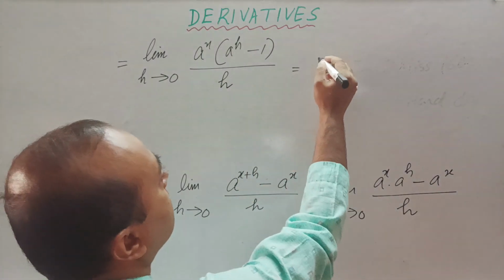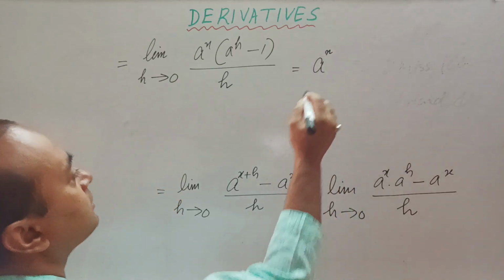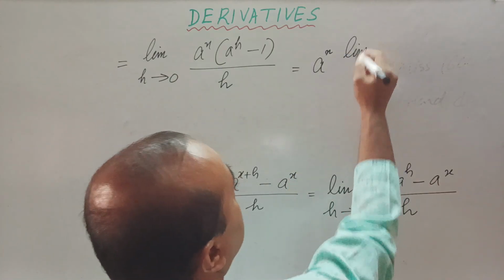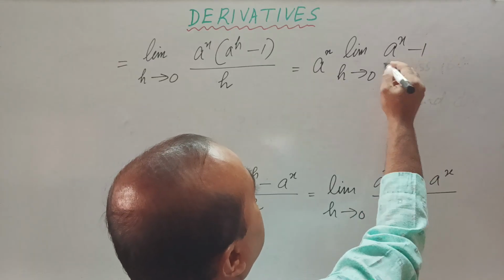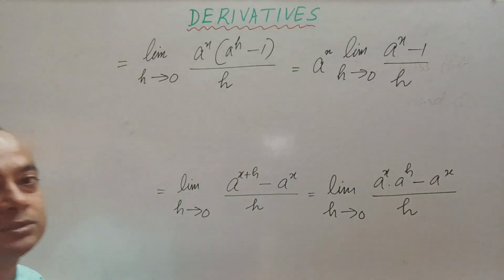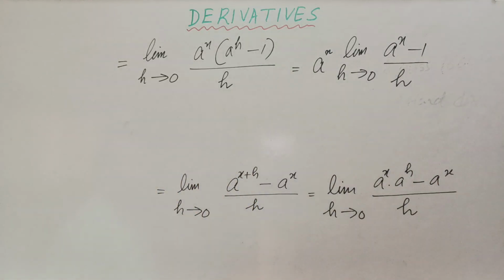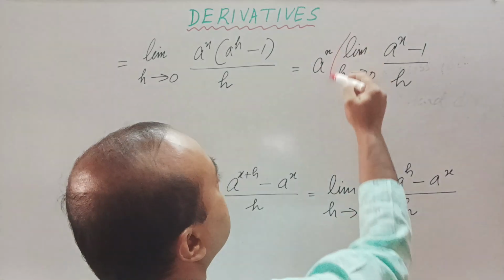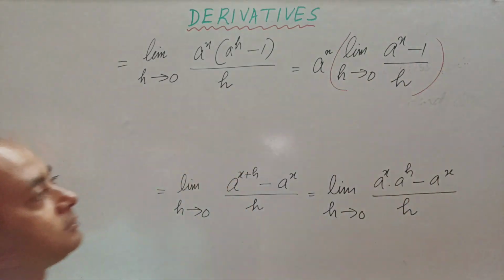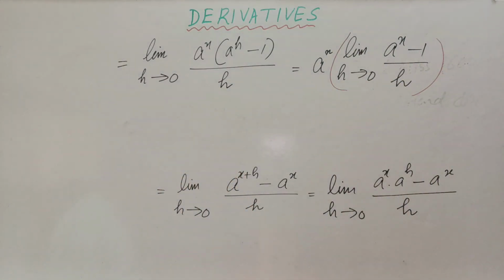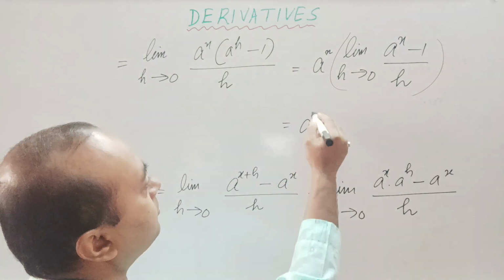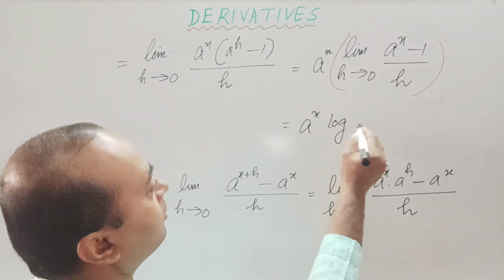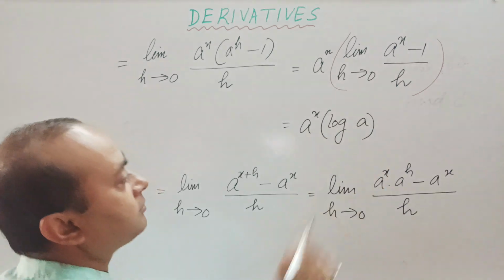So we'll write down a to the power x, limit of h tending to 0, a to the power h minus 1 upon h, and you will be happy to see that this is the standard limit. What is its answer? Its answer is log a. So we can write down a to the power x log a.